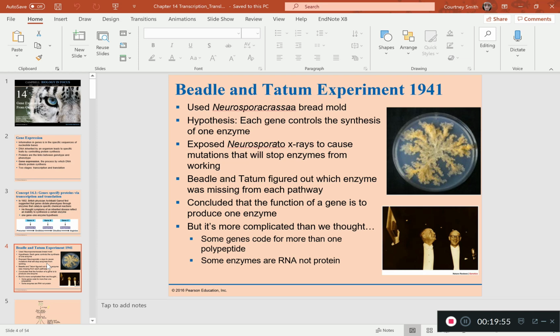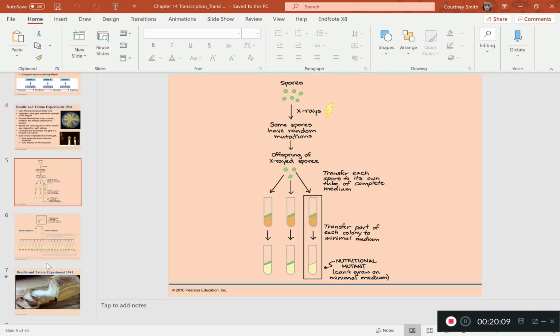But their idea was, if genes were connected to enzymes, then they could potentially induce mutations, which is what they did in their experiment. They took spores from the bread mold and mutated them using X-ray radiation, which created some mutants.